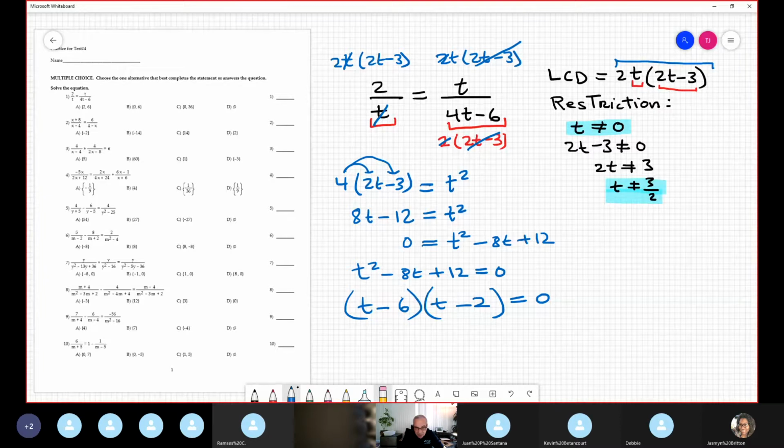Same sign, because this sign is positive, both negative. Therefore, t minus 6 is 0, which means that t is 6. And t minus 2 is equal to 0, so t equals 2.